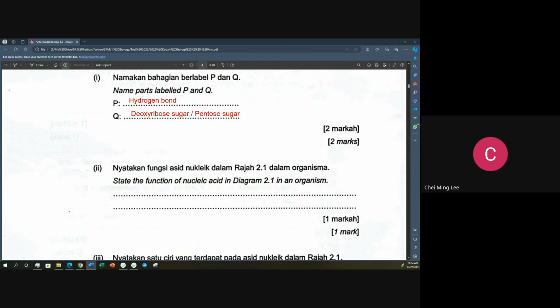It is the carrier of genetic or hereditary information. The second one is also the determinant of characteristics, or we say the determinant for phenotype, genotype, or traits in living organisms.